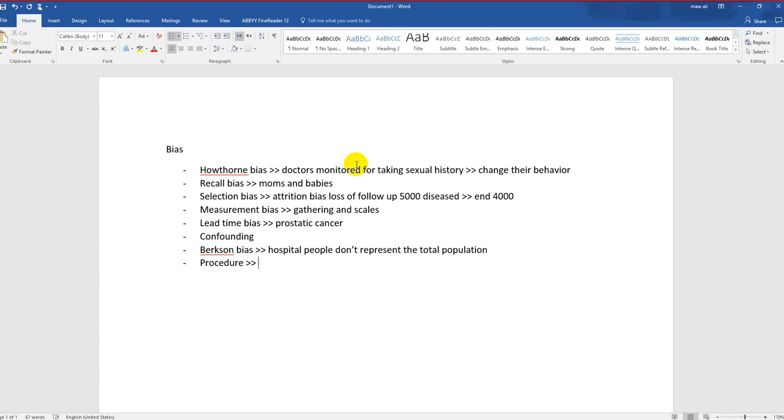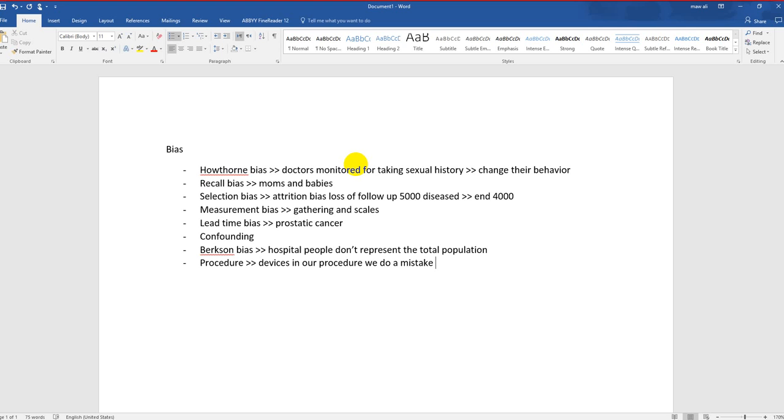Procedure bias is like in our work and devices, in our procedure, we make a mistake. That's the procedure bias. That's all the important things about the bias.